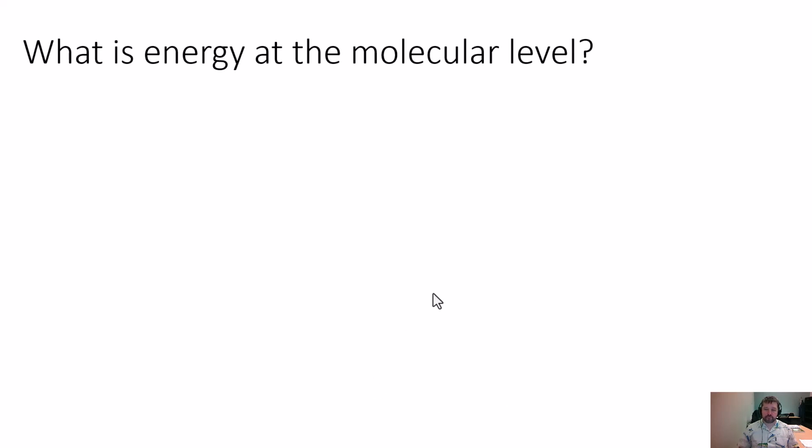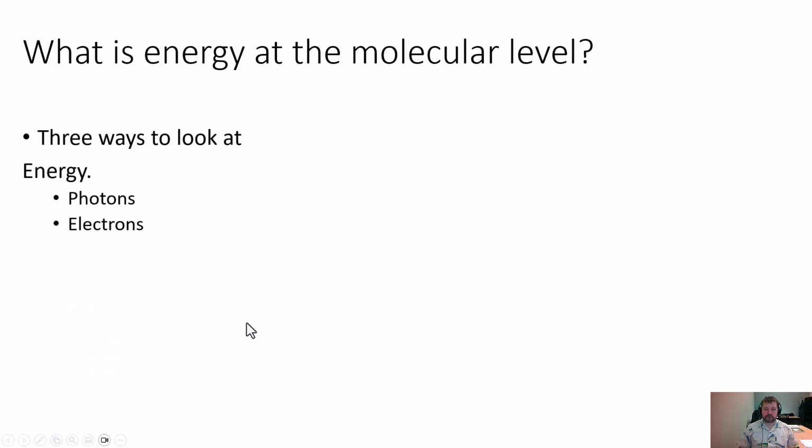In some cases, there are really three ways to look at energy. Two of them are very commonly examined by physicists and chemists, maybe molecular biologists, and that's photons and electrons.